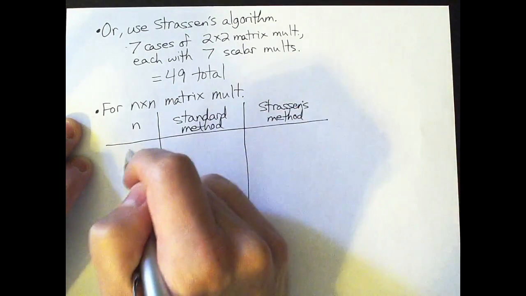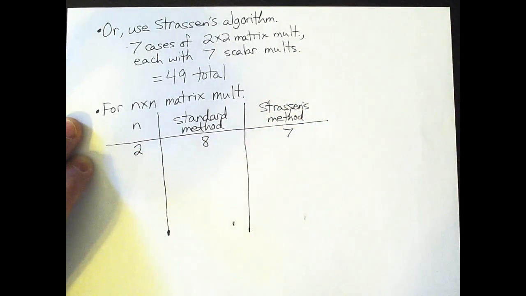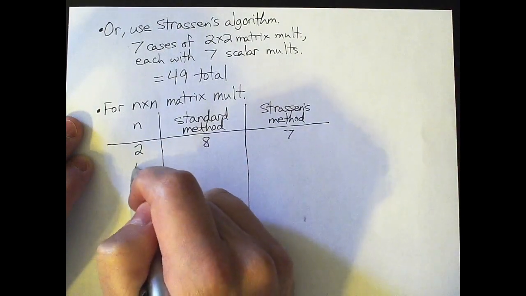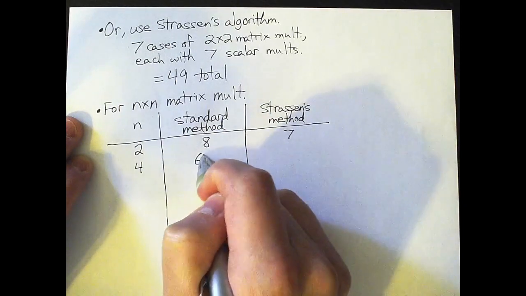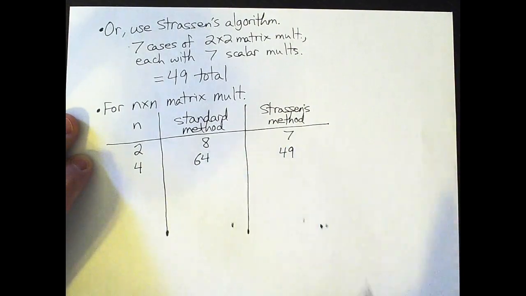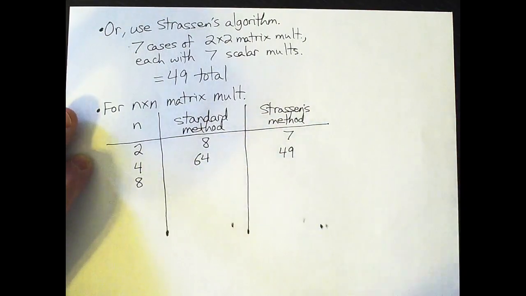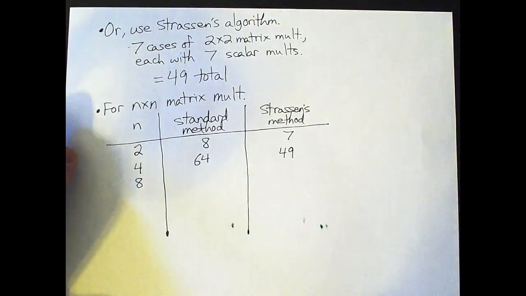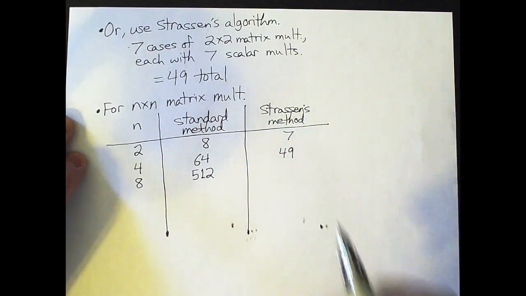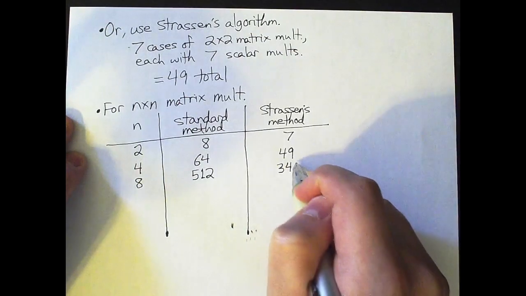Now, I've already told you that for the 2 by 2 case, the standard method uses 8 multiplications, Strassen's method uses 7. And we've just discussed how for the 4 by 4 case, the standard method would have 64 and Strassen's method has 49. So it seems like we're seeing the benefit. It turns out that for 8 by 8 matrix multiplication, the standard method would have 512 multiplications, and Strassen's method has 343.